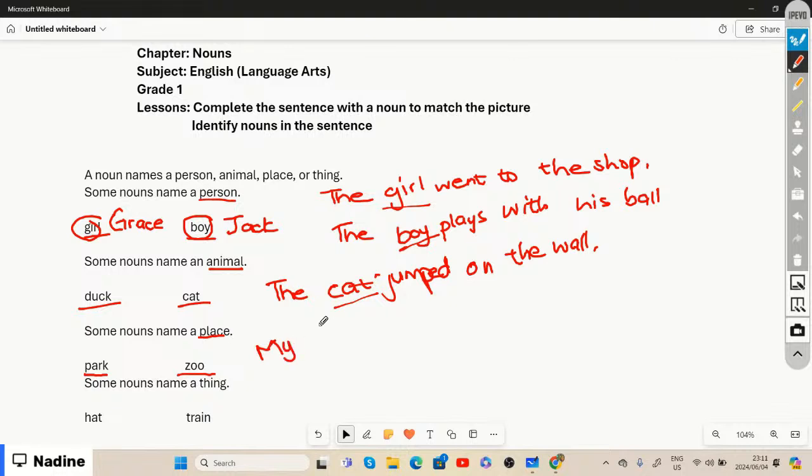Then we can say my family and I went to the zoo or went to the park.